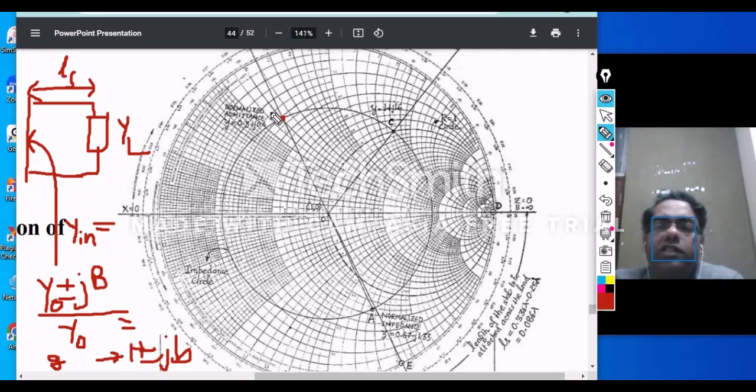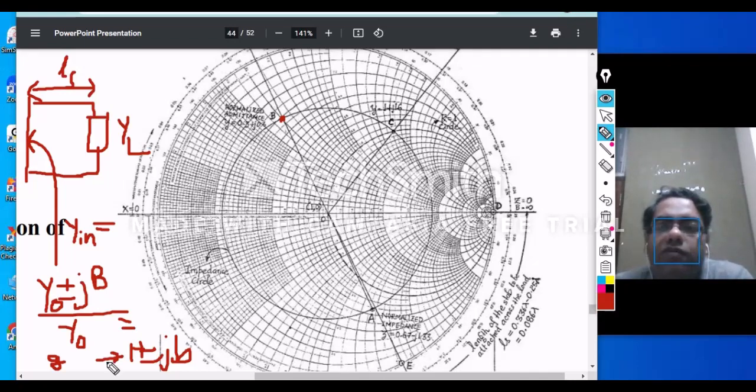Now keep this in mind: once we have plotted the admittance point, afterwards when we are working, we will consider this chart as an admittance chart and not an impedance chart.